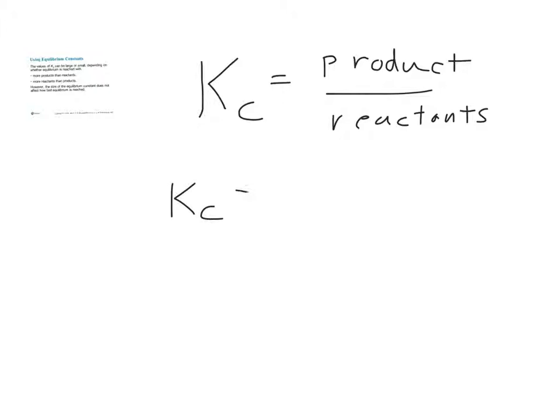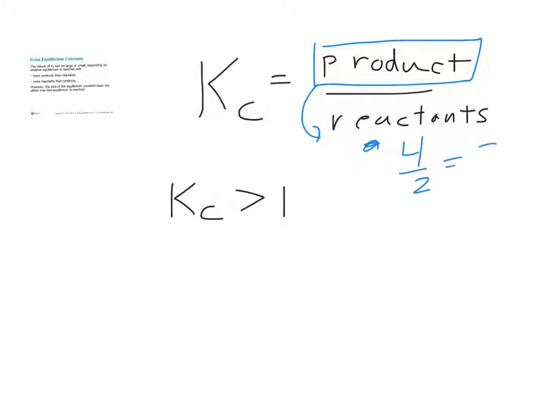When the equilibrium constant is greater than 1, that means that the top number of your fraction is larger than the bottom number of the fraction, right? For example, if you've got 4 divided by 2, you have 2, which is greater than 1. And if you have 4, a big number on top, and a small number on the bottom, that means you have more product than you have reactant.